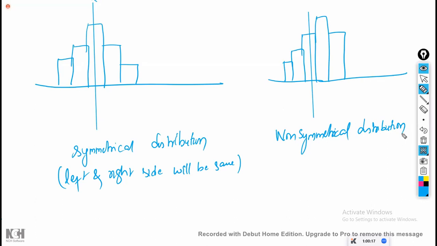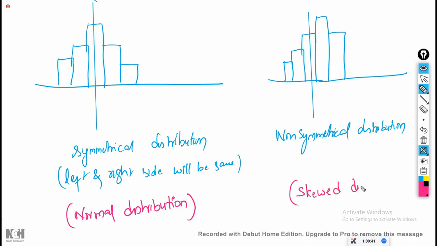Symmetrical distribution is also called normal distribution. Non-symmetrical distribution is also called skewed distribution. This is called normal distribution, and this is called skewed distribution.